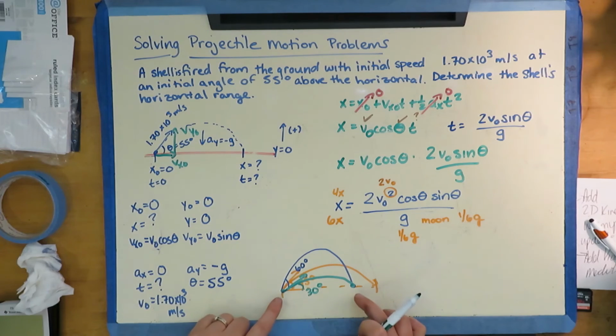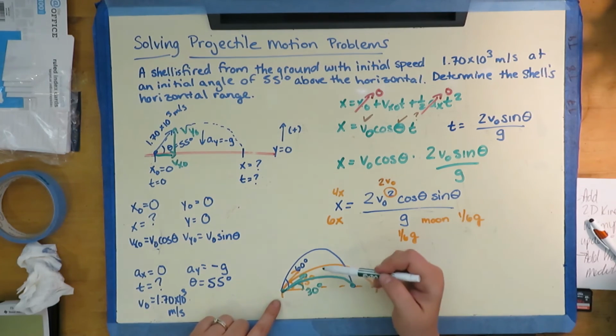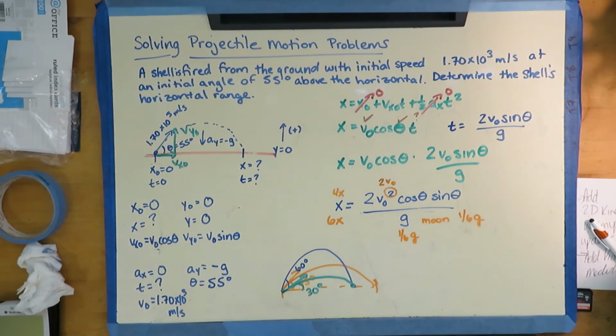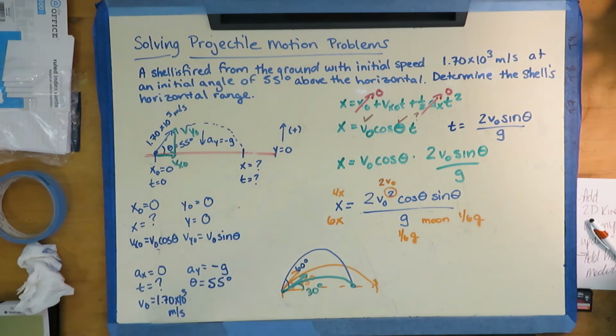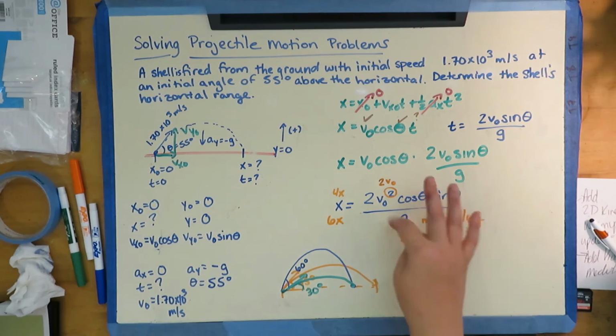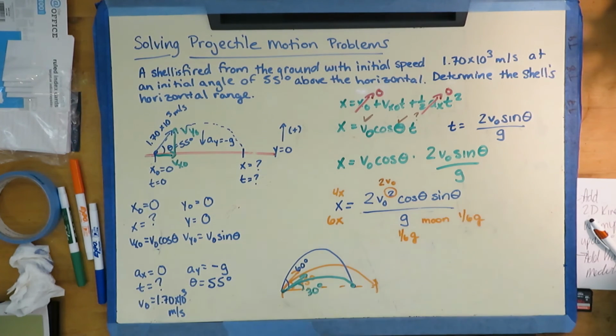It's just going to land earlier. That's because they're both 15 degrees away from 45. So you get these symmetrical pairs, and once again, that's because of the parabolic nature of that function.